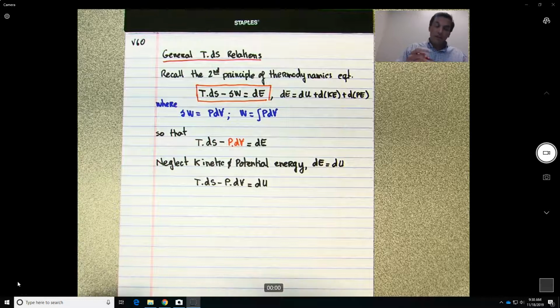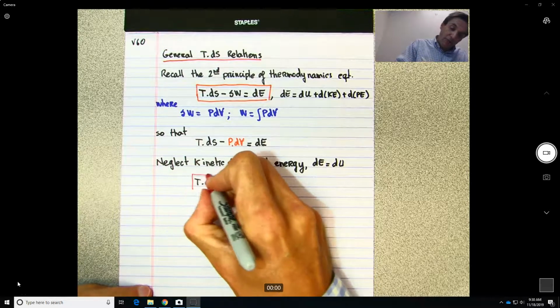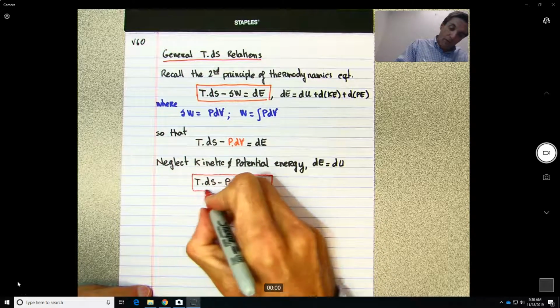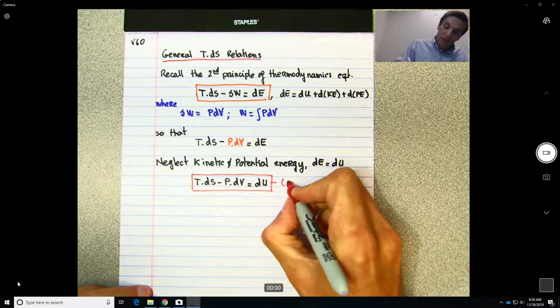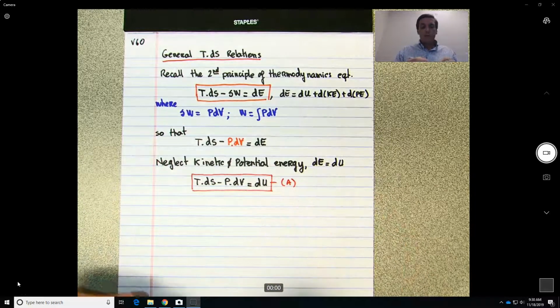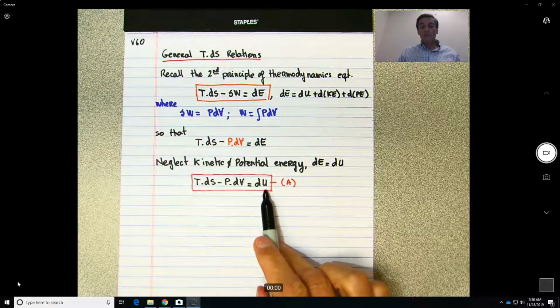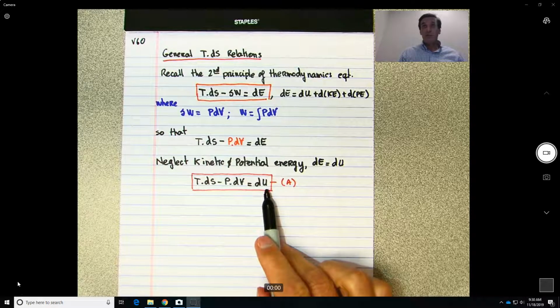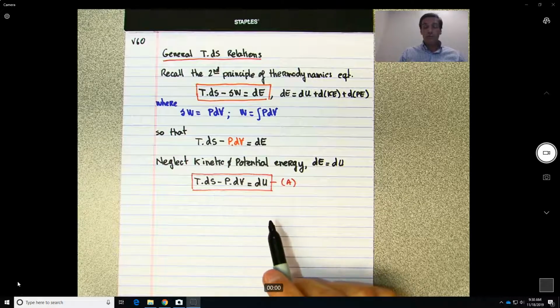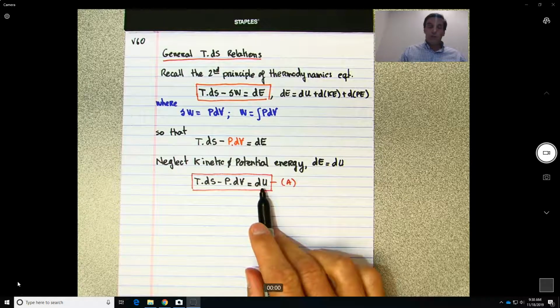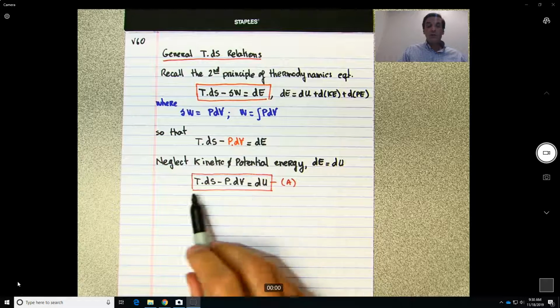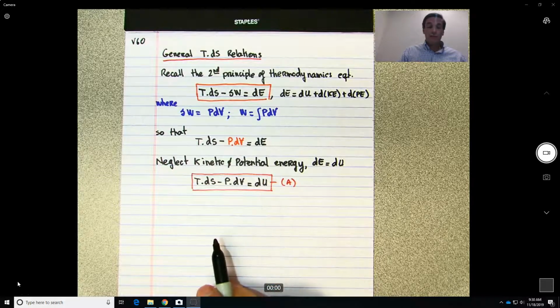And this is really what is known as the first T dS relation. Okay, so remember that if we deal with U, this would be equivalent to a control mass, so this works more for a closed system.